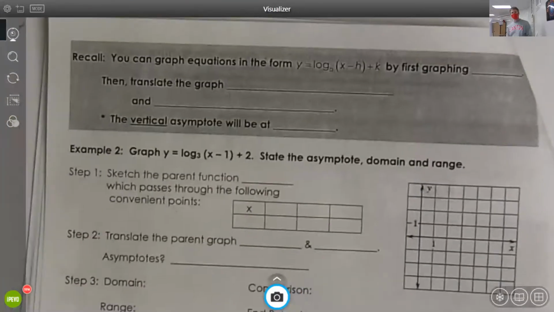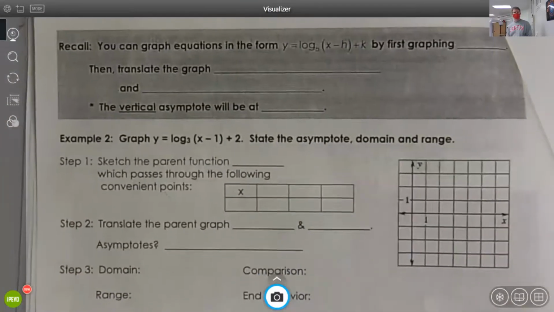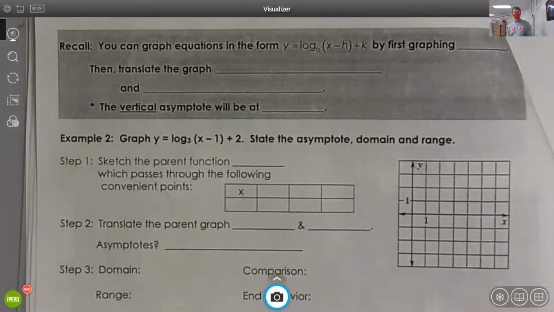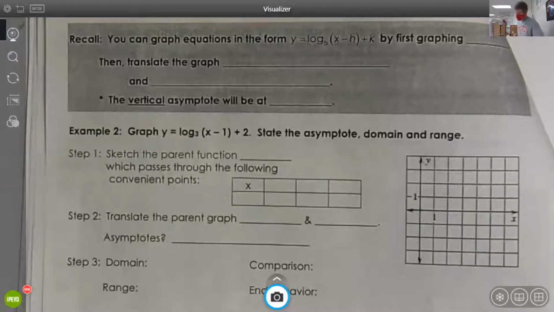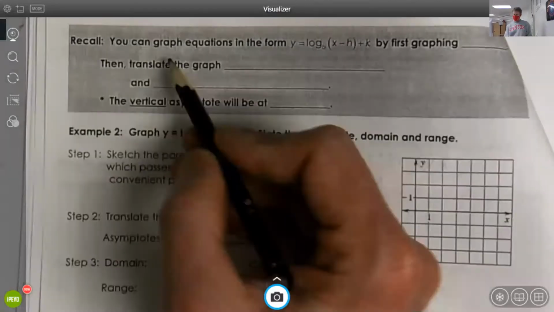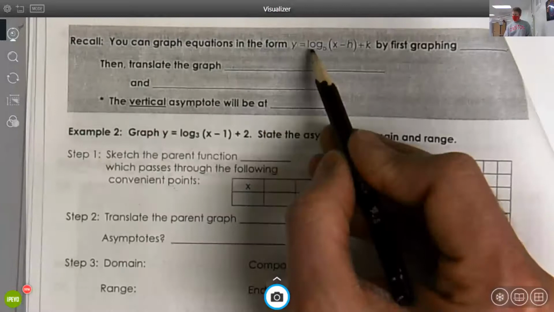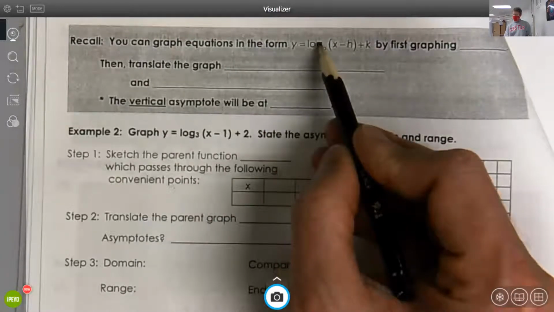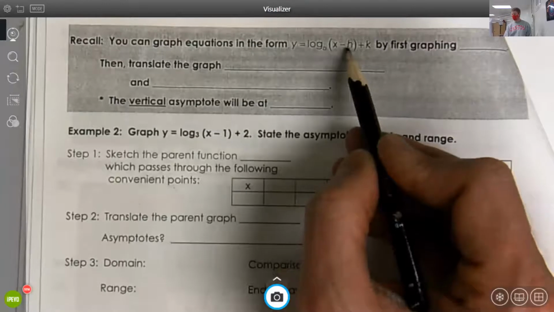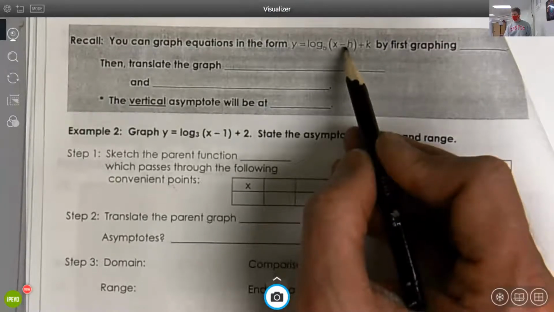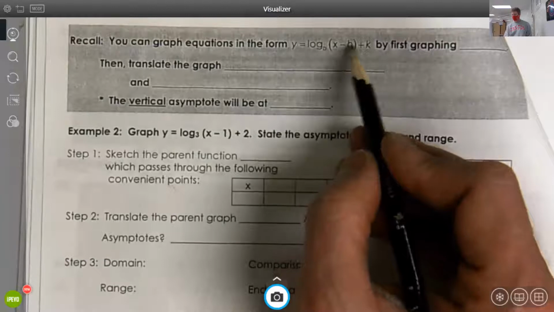So now we're going to look at transformations. So you can graph equations in the format of y equals log base b of x minus h, just like we have with all the other types of equations we've done, plus k.